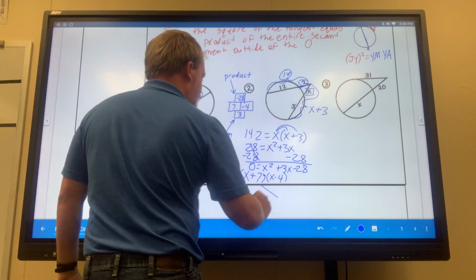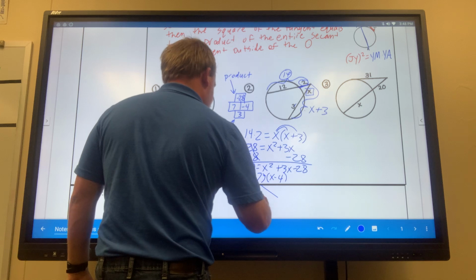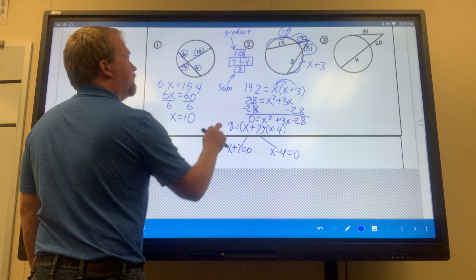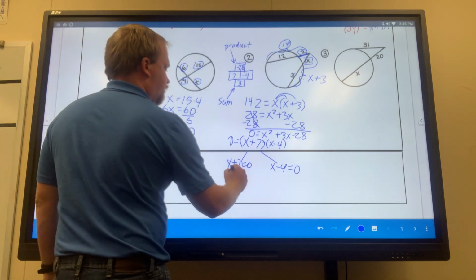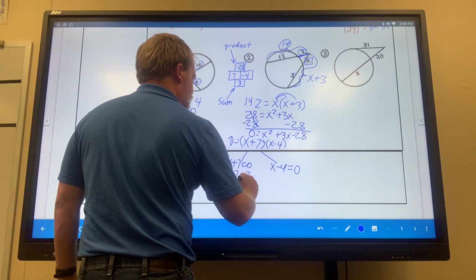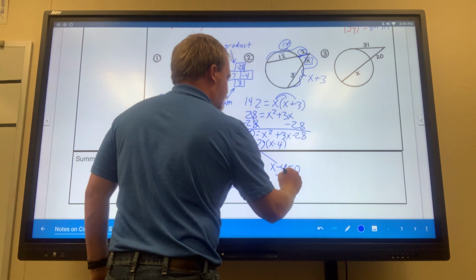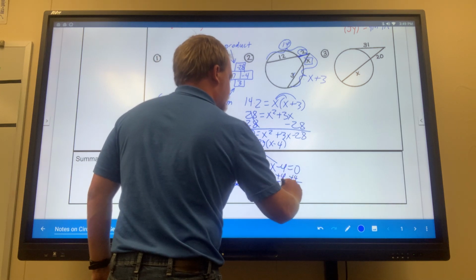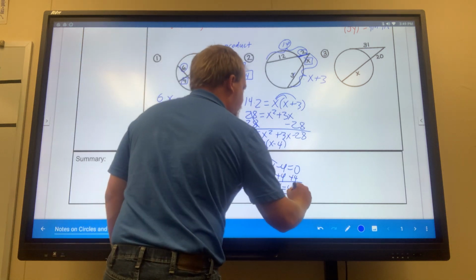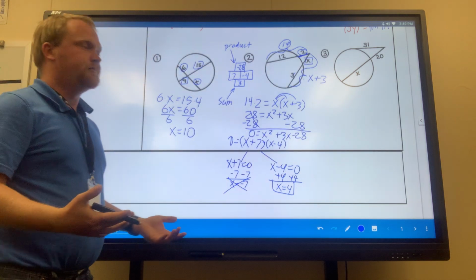So I split these up: x plus 7 equals 0 and x minus 4 equals 0. Subtract 7 from both sides: x equals negative 7. Well, that's not going to work. Now, add 4 to both sides, and I get x equals 4. That does work. So the distance for x is 4.